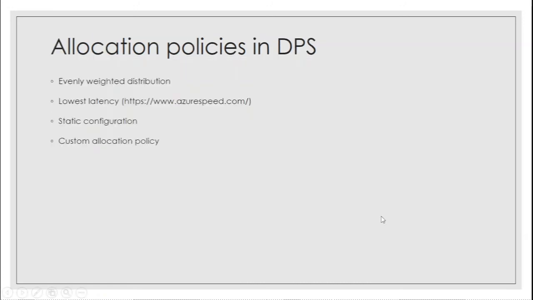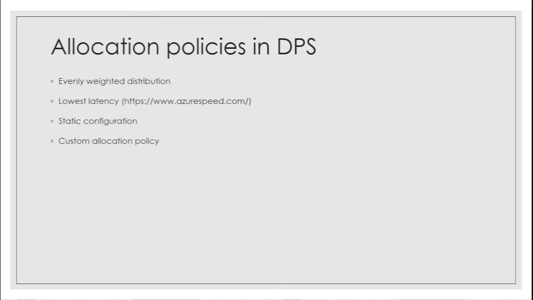Coming to the allocation policies, previously I was mentioning allocation policies in the device provisioning service multiple times. These are the four configurations we get on the Azure device provisioning service when creating an enrollment group. The default one is evenly weighted distribution. Let us say you have 4 devices and 3 Azure IoT hubs.